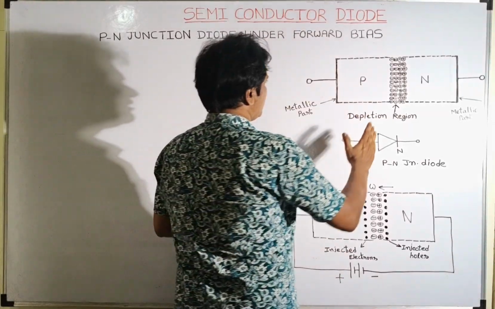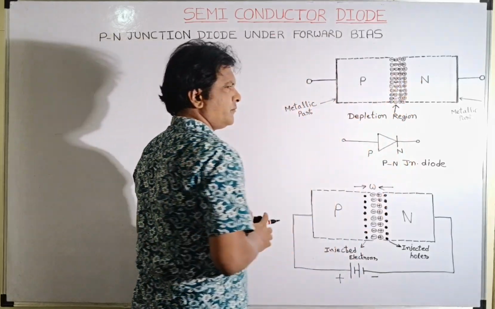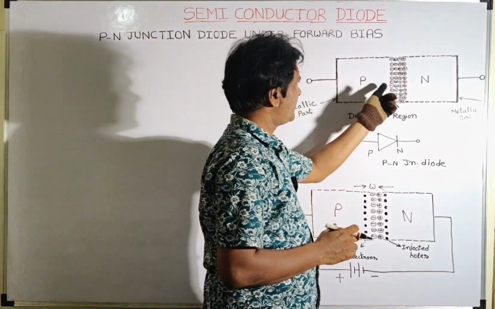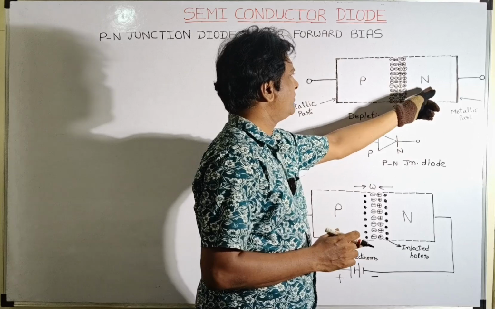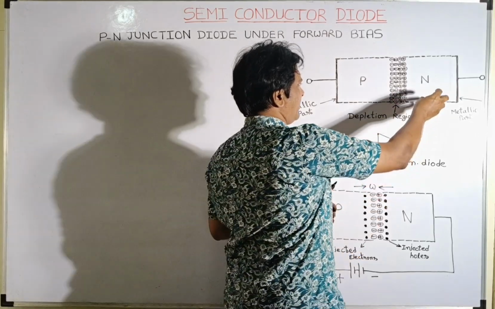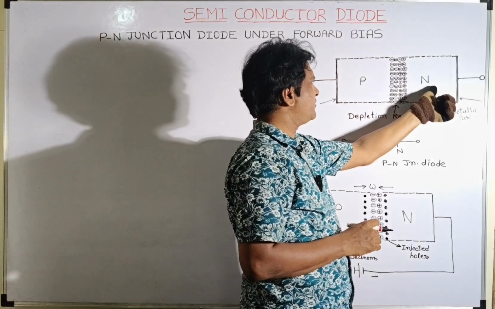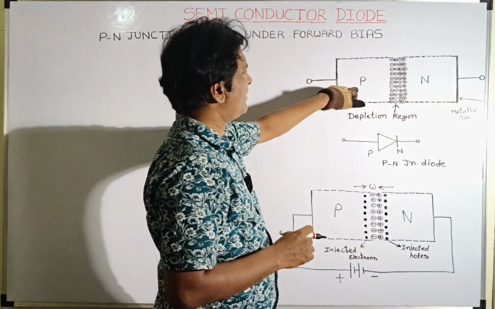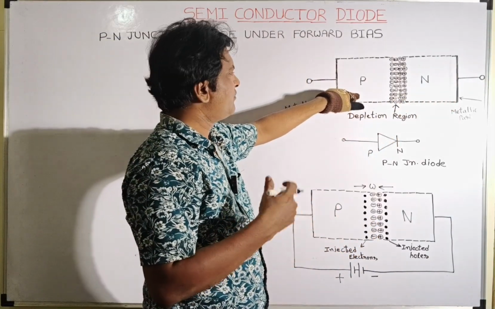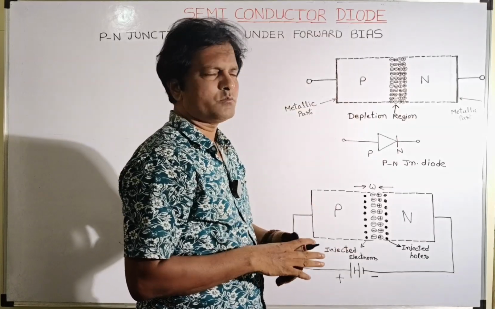Because of the mutual potential difference developed between these two, the concentration of electrons per unit volume is more here, and the number of holes per unit volume is more here.